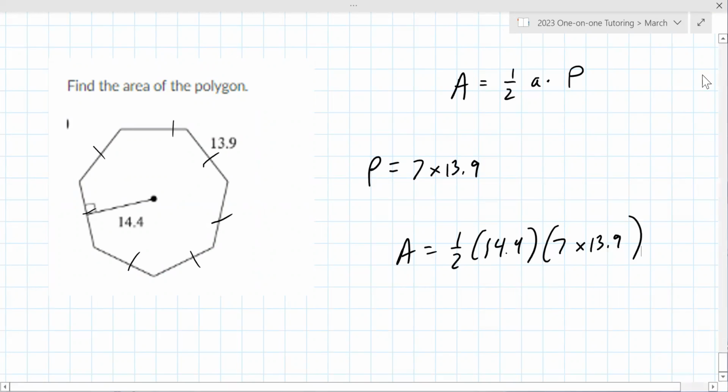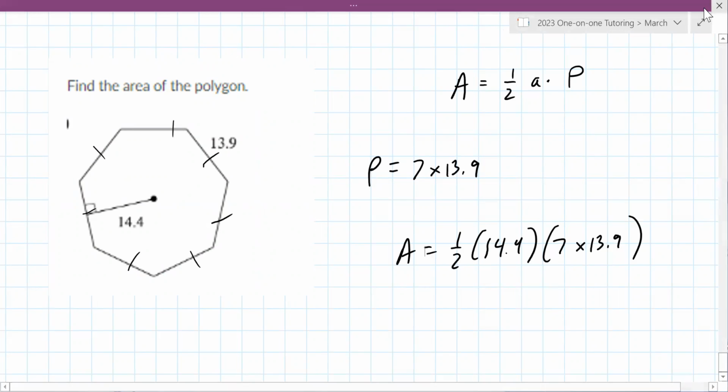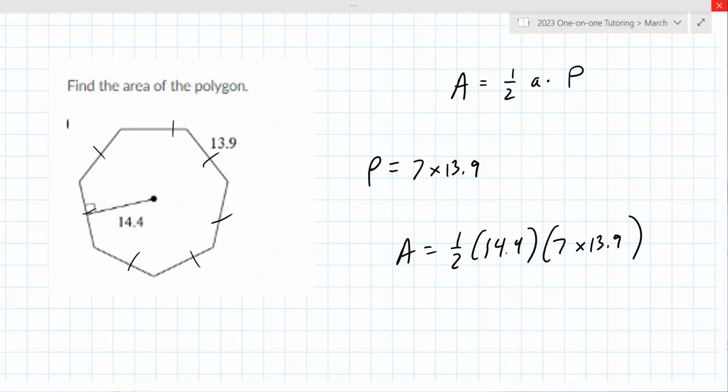Did you already try doing this one? No, I was kind of stuck on it. Okay. 14.4 times 13.9. All right, go ahead and calculate this for me.